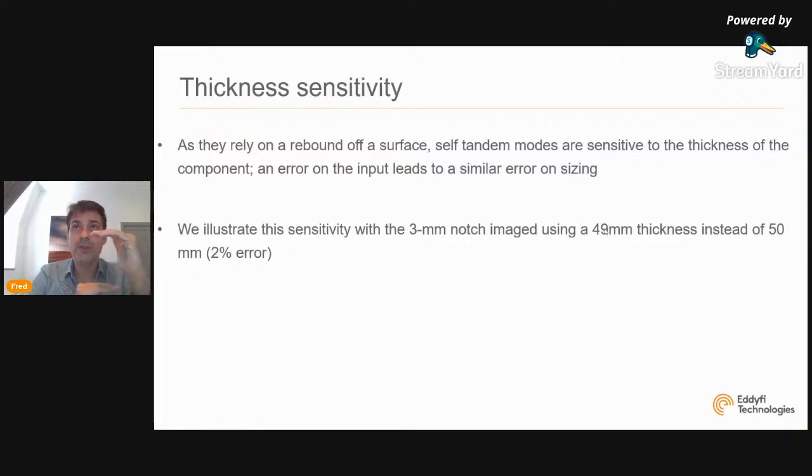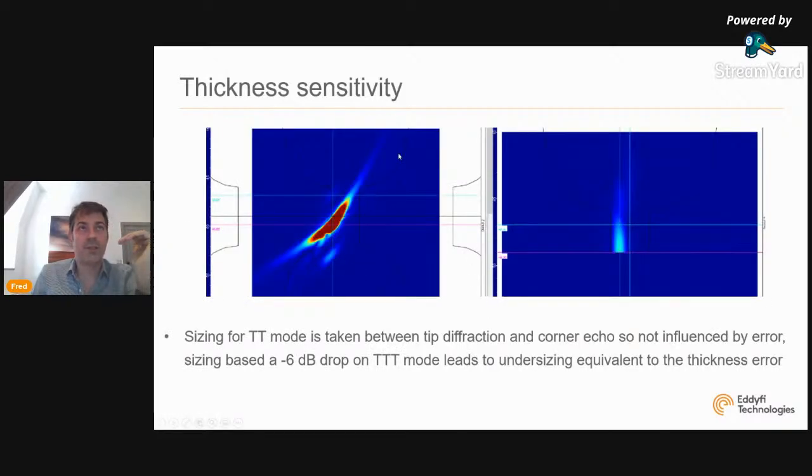So the original thickness is 50 millimeter, but I'm telling the system I only have 49 millimeter. So I'm making a 2% error on my thickness measurement. So here, this is my TT with my 4T again, and this is my 3T. So I'm telling my system my backwall is here, but actually the real position is this one, kind of the center of the corner echo. So I'm making this 1 millimeter error.